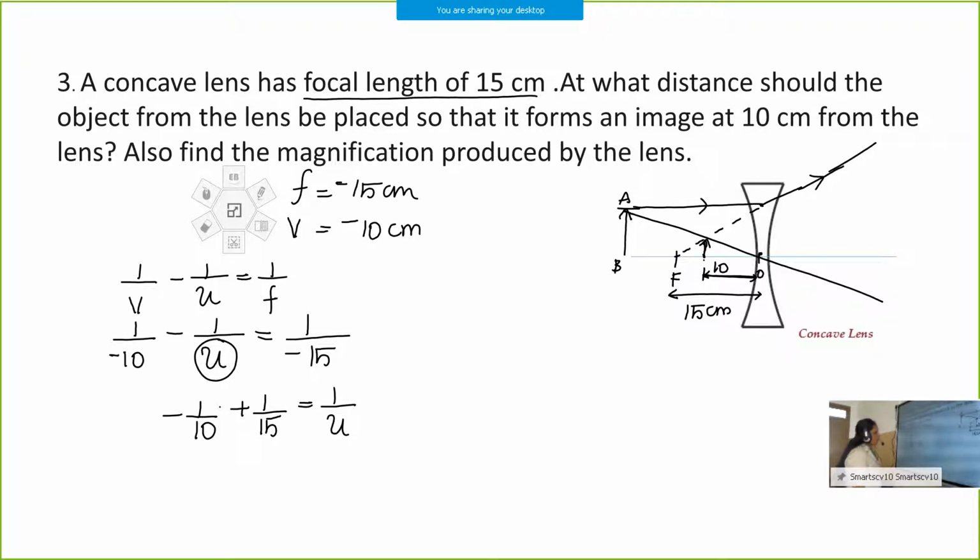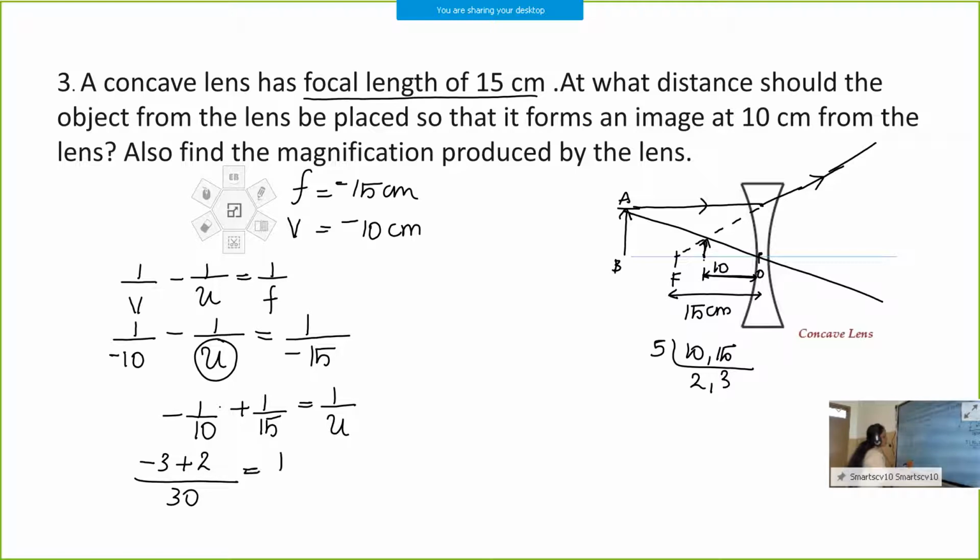So now find the LCM of 10 and 15. What you will get? LCM of 10 and 15. 2, 3. So it is 30, isn't it? So the denominator you will get 30. In the numerator minus 3, then plus 2. Is it okay?